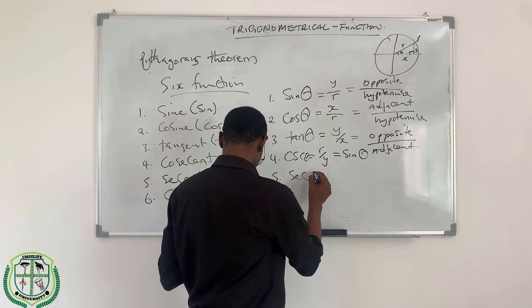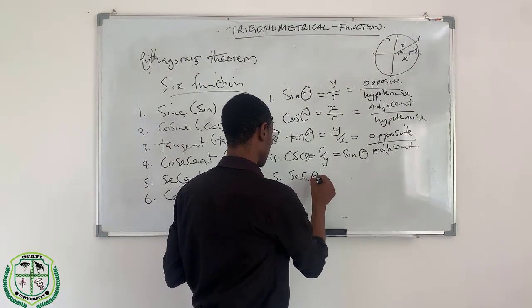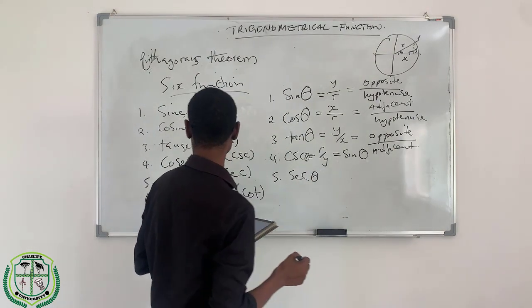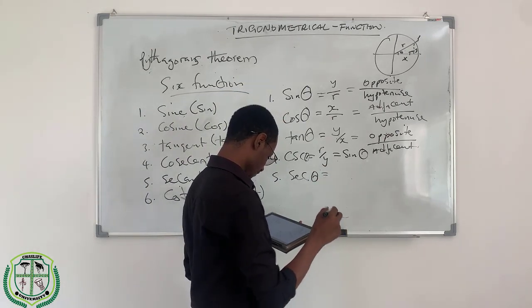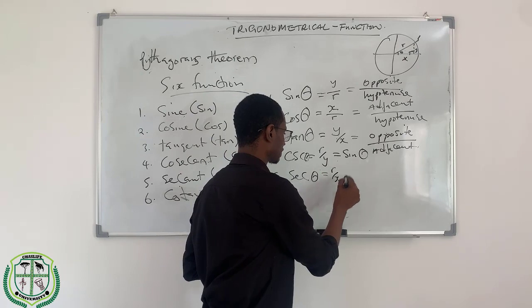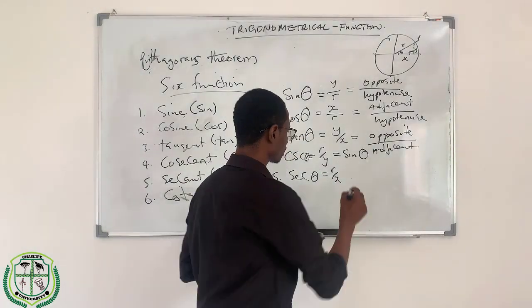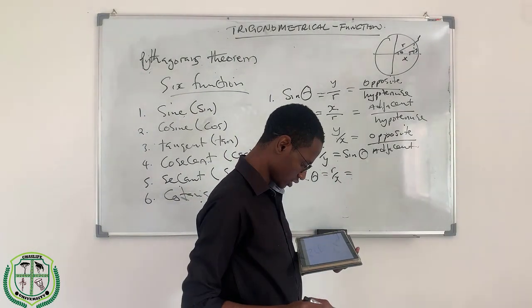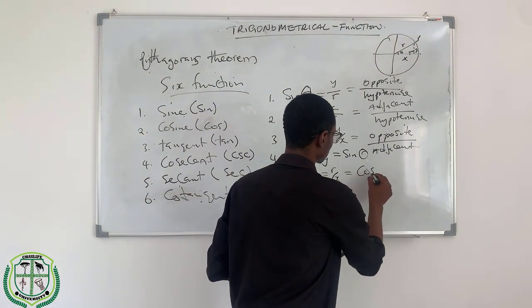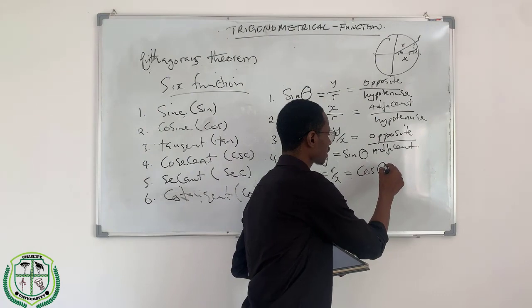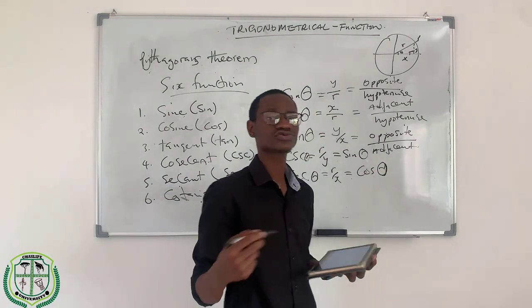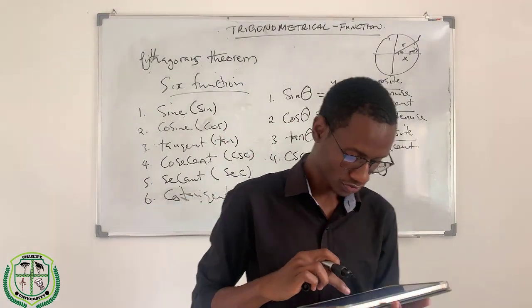Then this is secant theta, the reciprocal of cosine theta. Secant theta is equal to r over x, which is the reciprocal of cos theta. Now, these are like rules, and the more you get these rules, the easier it becomes for you.